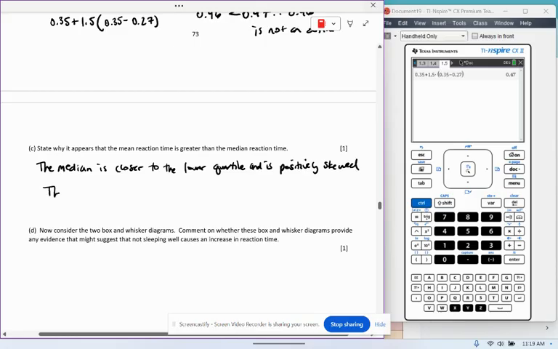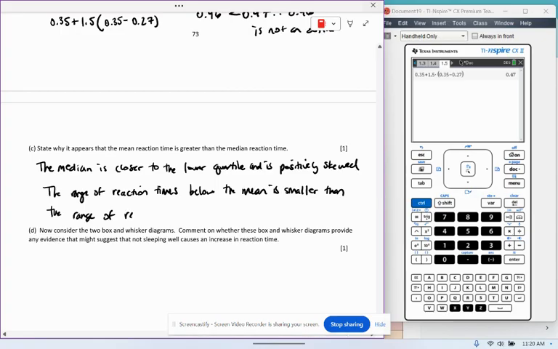Or you could say the range of reaction times below the median is smaller than the range of reaction times above the median. Oh, I meant to say median here, I'm sorry, below the median. We can't see the mean on the graph. We can only interpolate what it could mean.